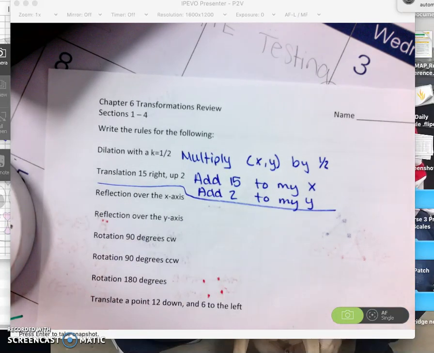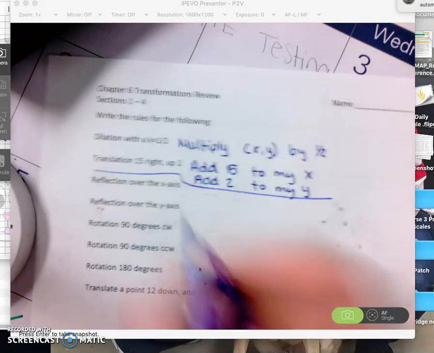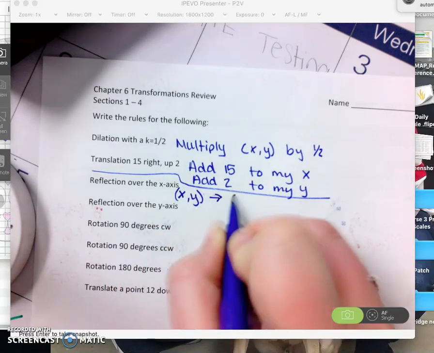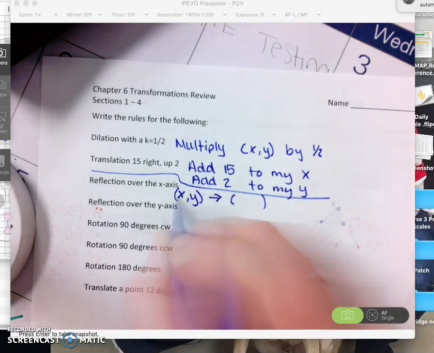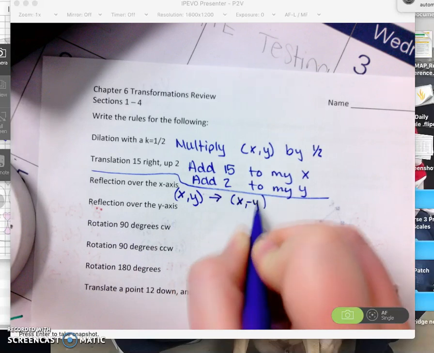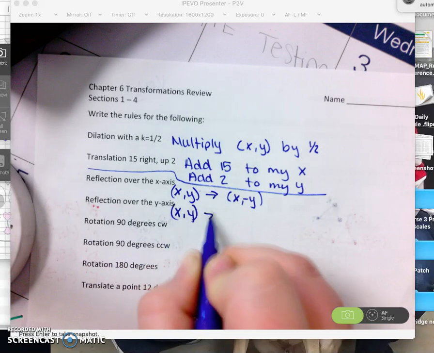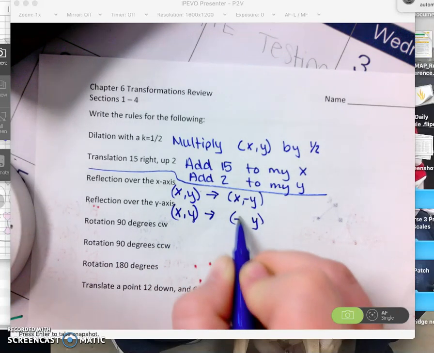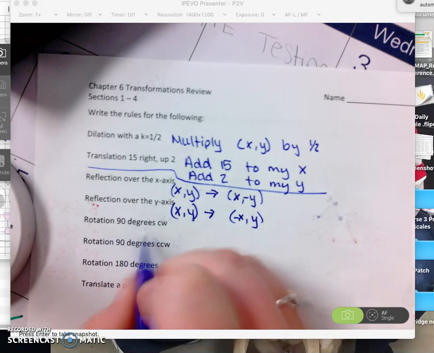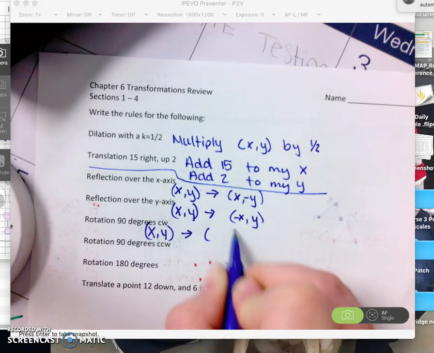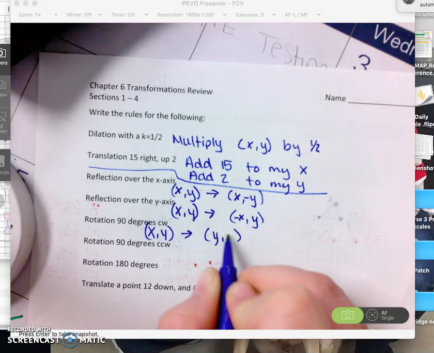Reflection over the x-axis. Remember, reflection over the x. You could write it like this. So xy becomes, reflection over the x stays the same, negate the y. Reflection over the y stays the same, negate the x. Rotation 90 degrees clockwise. xy becomes, we're going to flip them, y and negate the x.